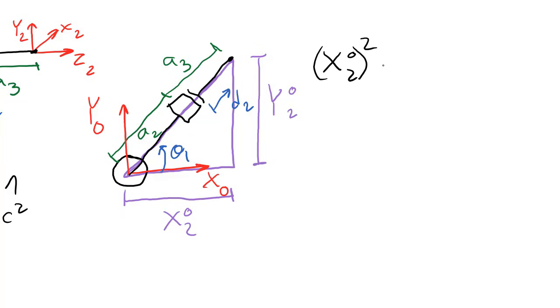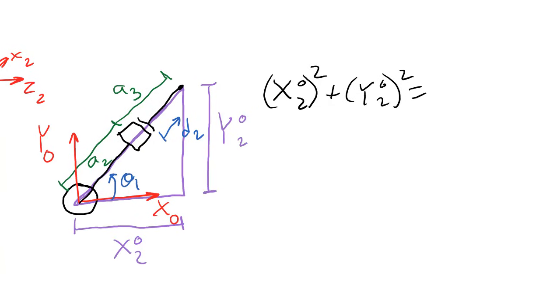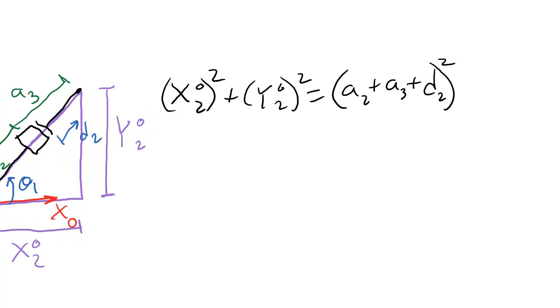So x02 squared plus y02 squared is equal to the length of the hypotenuse squared. What is the length of this hypotenuse? The hypotenuse length is (A2 plus A3 plus D2) squared.